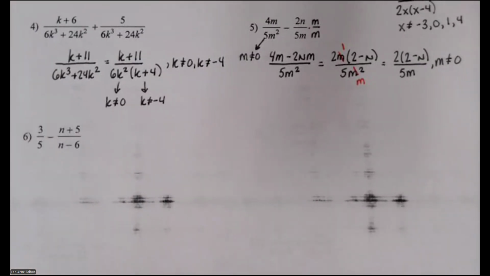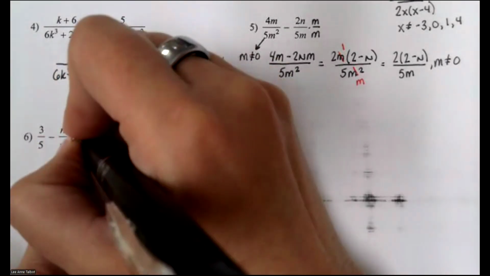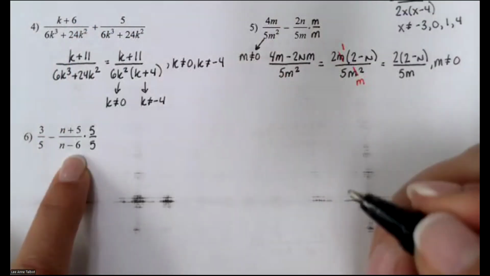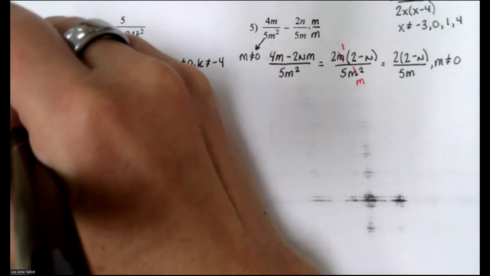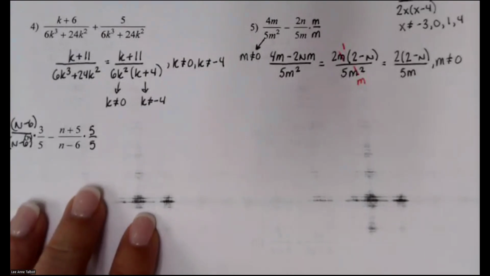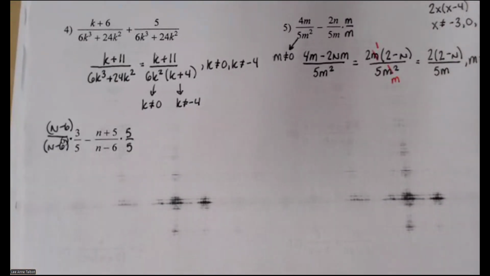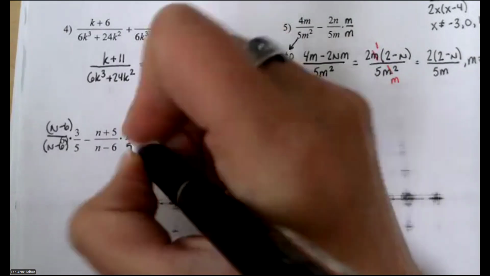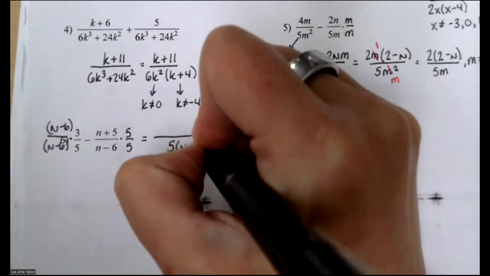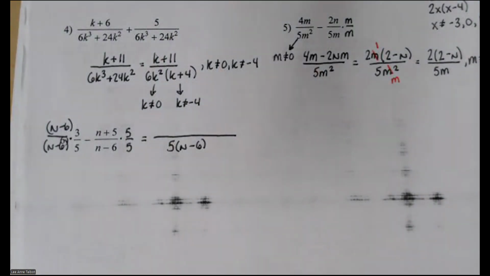Okay, now last one. This one does require the butterfly deal you were just talking about. This side needs a 5/5. This side needs an n-6 over n-6.